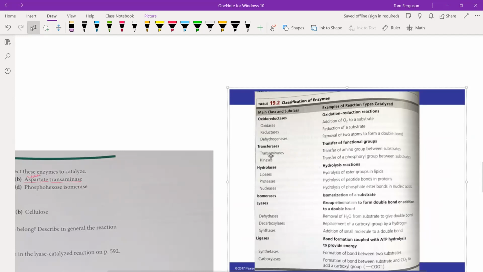So here we have transaminase, and that transfers an amine group between substrates.